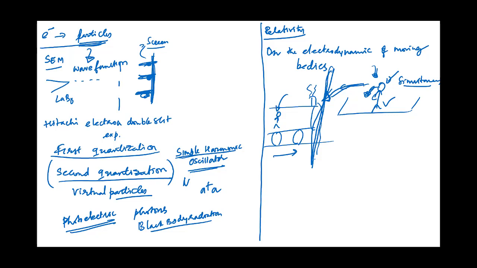So, of course, Einstein asks a more complicated question, but there is a simpler way to think about it, and that's what I'm going to quickly explain here. Let's say you're standing and you're stationary.